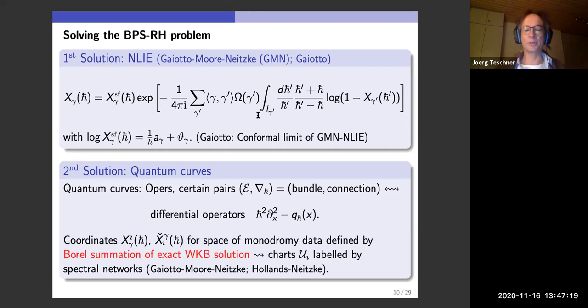use a bit more, which is namely the description of these coordinates via quantum curves and their exact WKB. But in the end, a crucial piece of information in the determination is for sure the description of how, assuming we have determined the partition function somewhere, we continue it all over the moduli space.